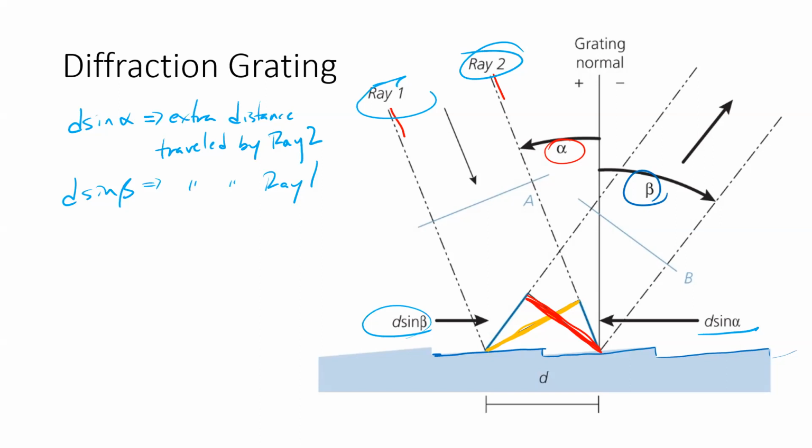But in order for us to actually get light out, ray 1 and ray 2 have to be constructively interfering, right? If they're destructively interfering, then we won't see any light. But if they're constructively interfering, then we will. Okay? And so essentially what that means is that d sine alpha and d sine beta must be integer multiples of whatever the wavelength is.